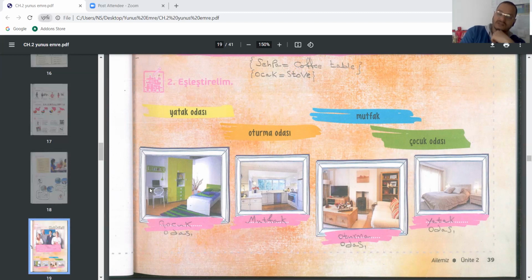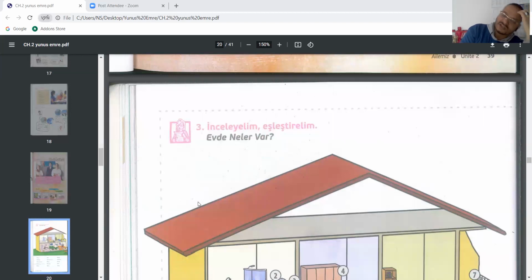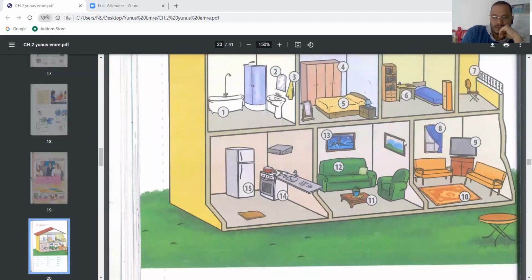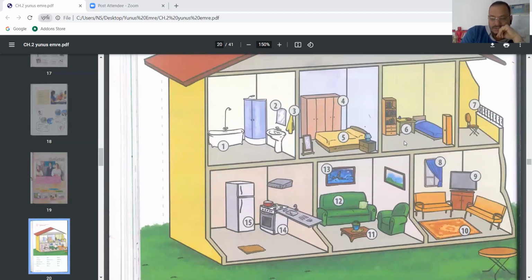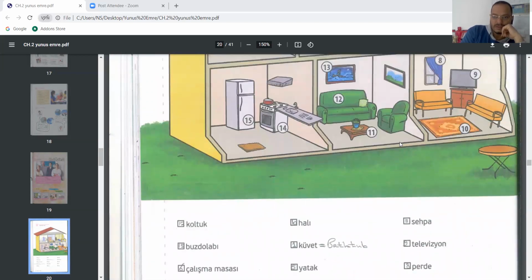Sandalye, here is çalışma masası. İnceleyelim, let's do a review, işleştirelim. Evde neler var? Here we have a picture. By using it, we will solve something. Here it's koltuk. Not actually koltuk, but in Turkish language we say it's kanepe. Okay?